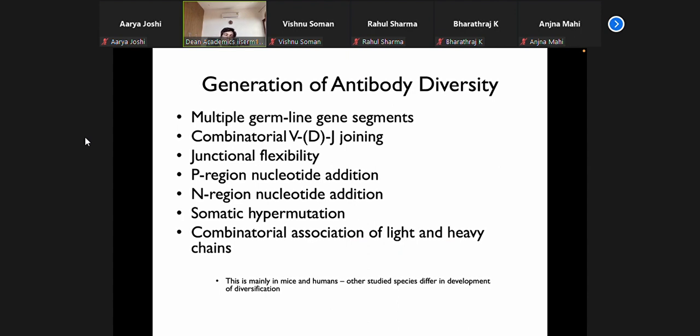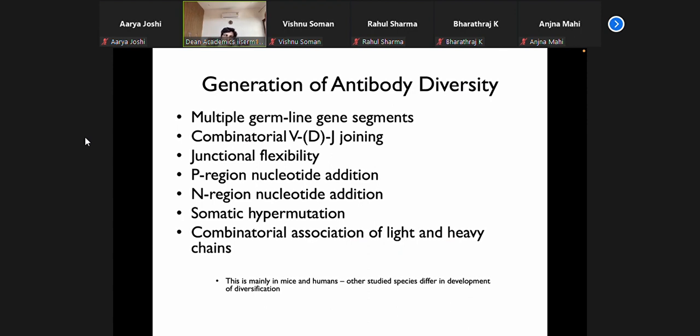There is some data which suggests this is a possible mechanism, but these are all evolutionary changes that have happened. I don't know what will happen even in humans, maybe after several million years, if we actually live that long. But all these possibilities do exist because of this continuous evolution of these loci.